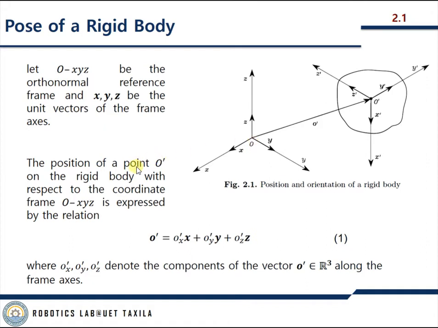Now the position of a point O dash on the rigid body with respect to the coordinate frame O x y z is expressed by the relation O dash, this is a vector, O'x x, which is a unit vector, O'y y, and O'z z, where O'x, O'y, O'z denote the components of the vector O' along the frame axes.